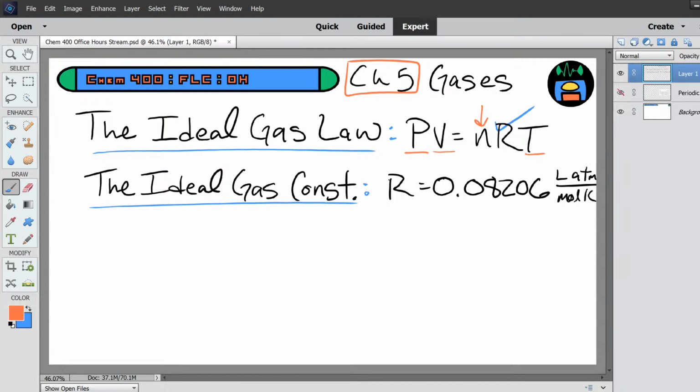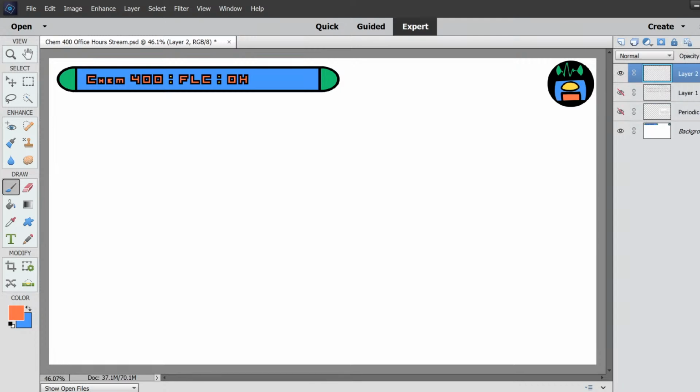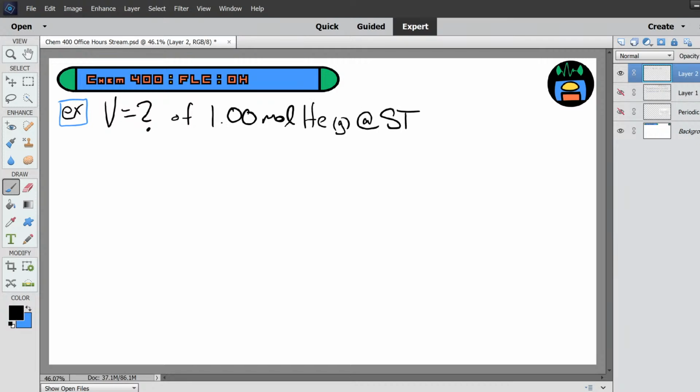All right, now so I left with a couple of examples at the end of my first lecture, and we're going to go ahead and lead with those. So the first one asked us to find what is the volume of 1.00 moles of helium gas at STP.